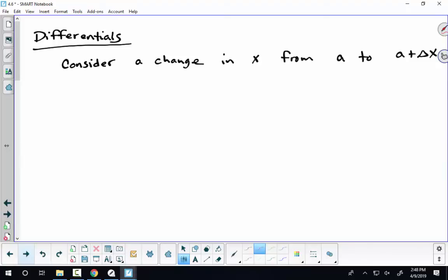We'll define this in a minute, but let's consider a change in our independent variable from a starting value of a to a value of a plus delta x, where delta x denotes a change in x.